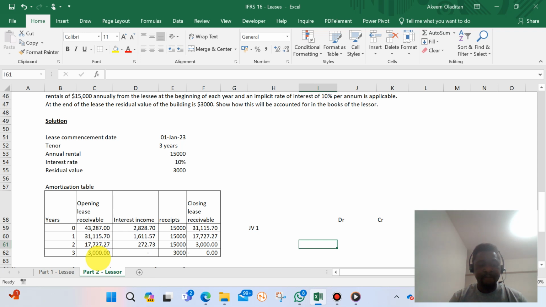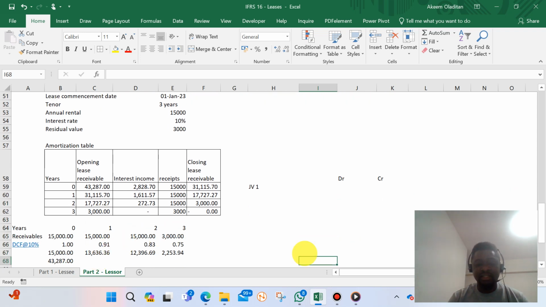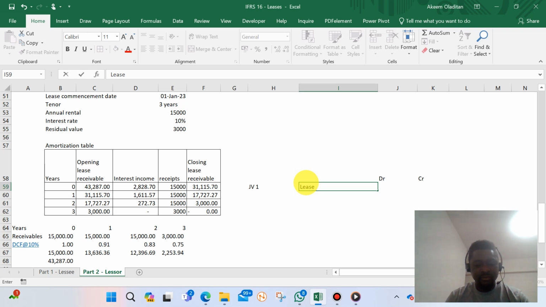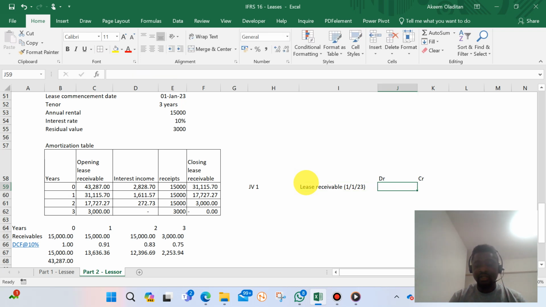So here the first thing to note is which account are we debiting here? We have what we call lease receivable at 1/1/23, that is 1st of January 2023.